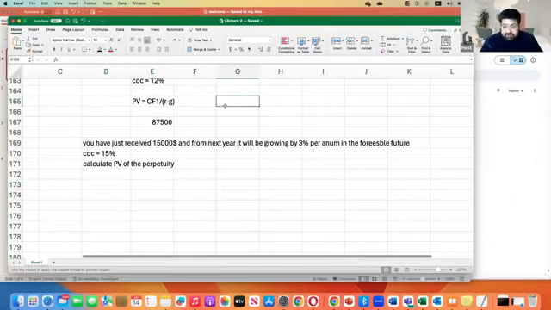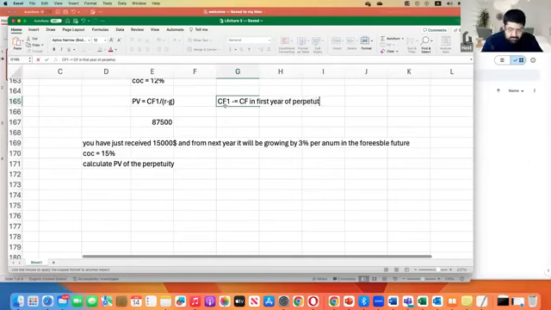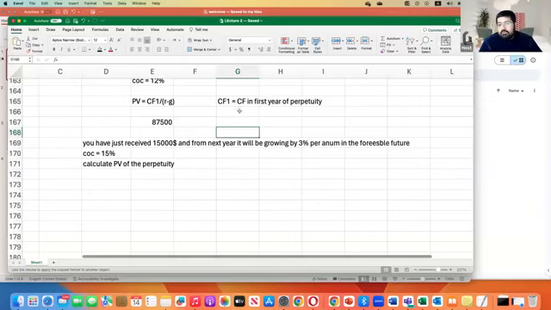CF1 is basically the cash flow in the first year of perpetuity.